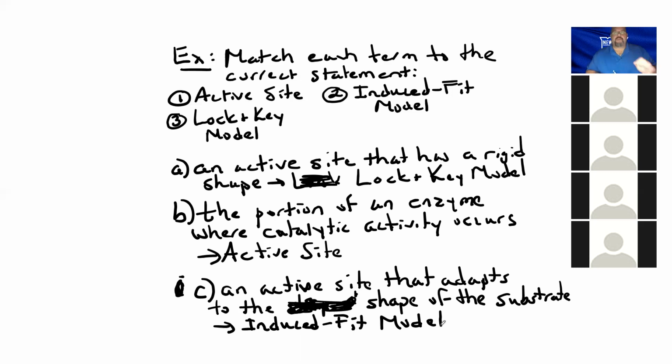But the shape of the substrate and the shape of the active site don't have to be an exact match. And the induced fit model is really the more accurate model of enzyme substrate binding, in that there could be a little bit of interaction where the active site slightly adjusts its shape so that those interactions, dispersion forces, hydrophobic interactions, salt bridges, and hydrogen bonding, which would bind the substrate to the active site, could better occur.